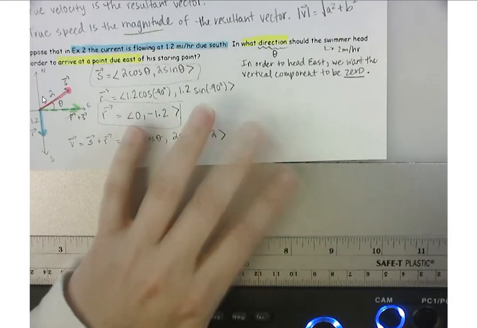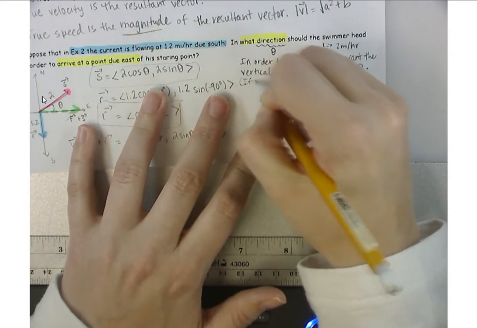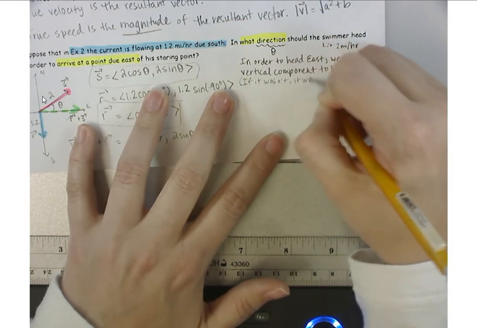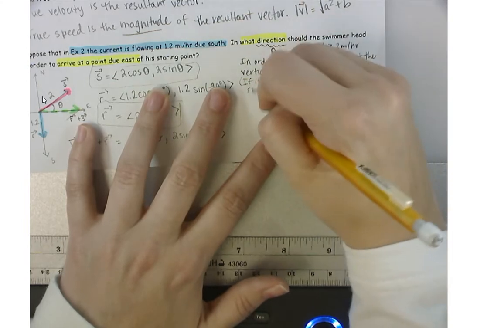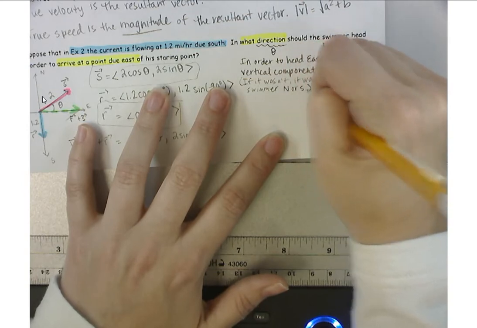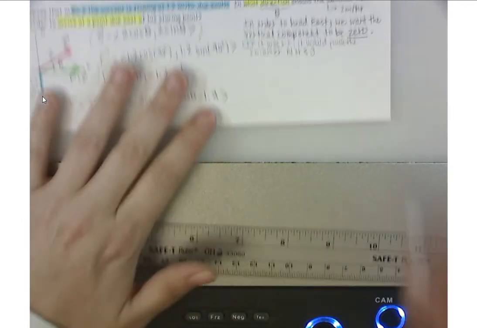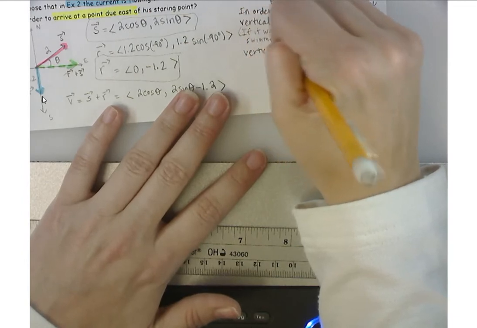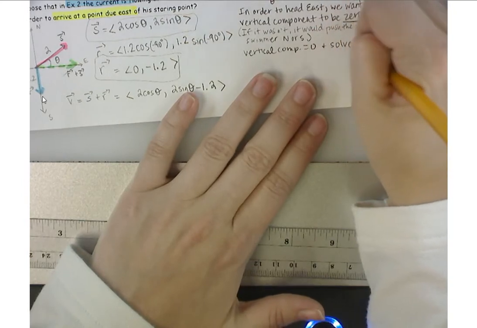If it wasn't, it would push the swimmer north or south. So we want the vertical component to be 0. So what I can do is set the vertical component equal to 0, and then I can solve for theta.